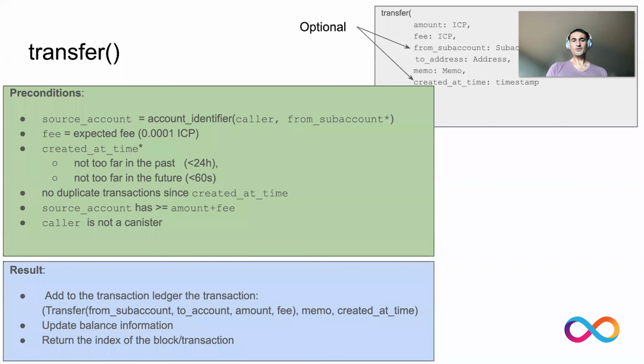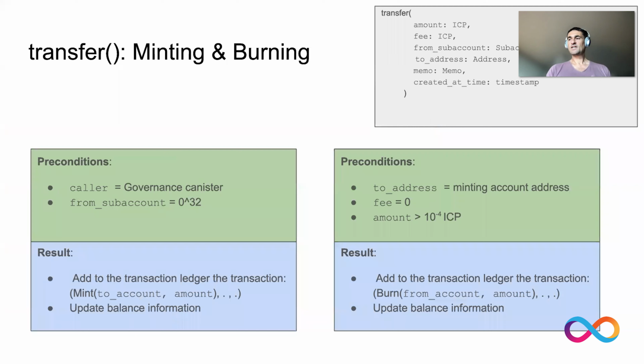This is partially true. We don't use precisely this method, but we use a method similar to this one, which was already implemented and is used for communication between the governance and the ledger. We use something like that to also implement minting and burning. More specifically, when we call transfer, we check if the source account is the minting account.